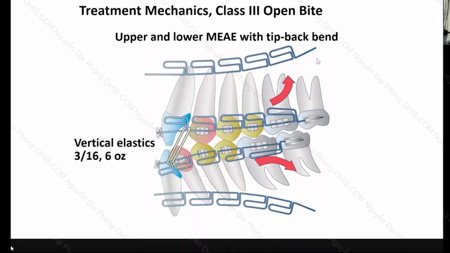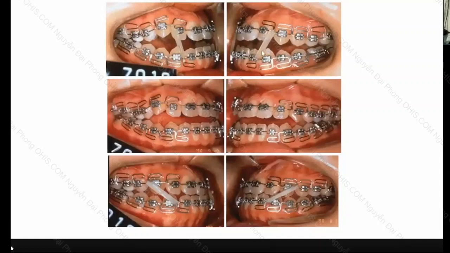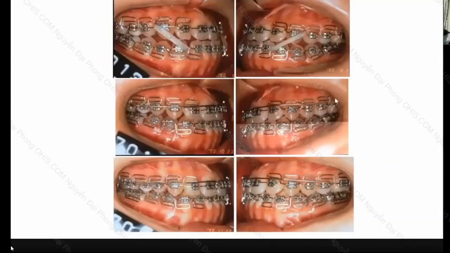So then here, started multi-loop, and if necessary, the upper second loop to lower first loop. This is, I want to say, a short class 3 elastic.